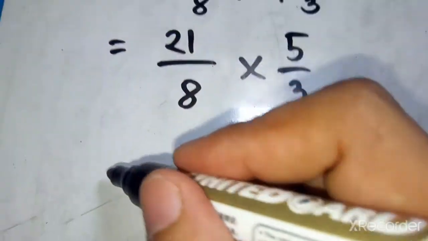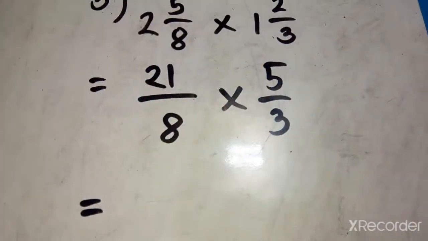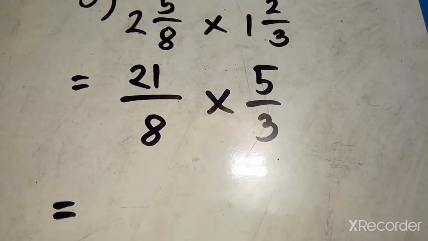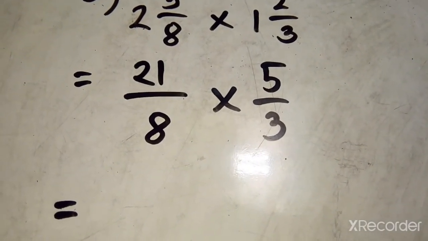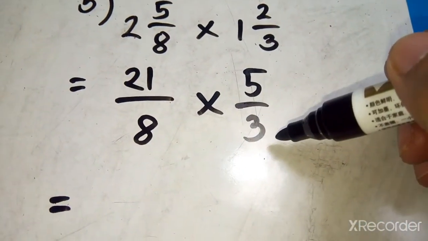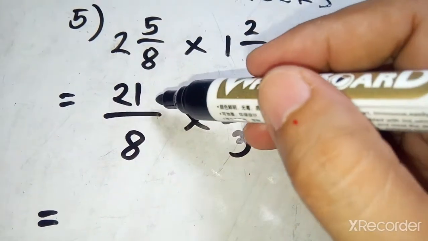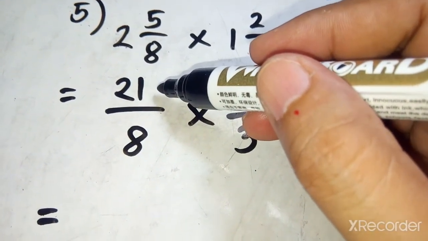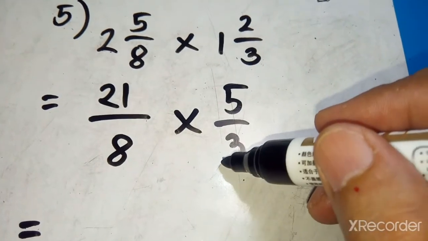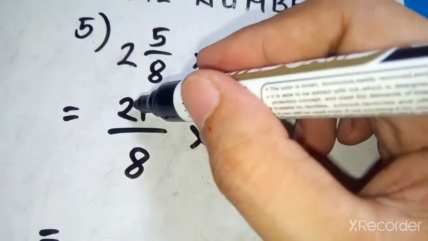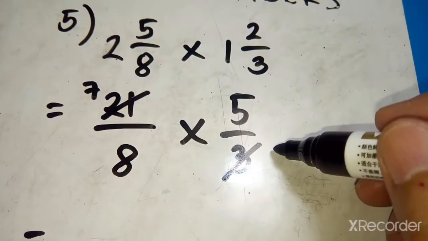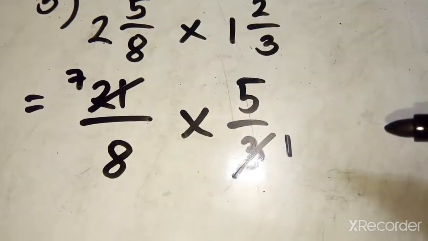Okay, so we can apply cancellation when it comes to 21 and 3. One of the factors of 21 is 3, so we can cancel the 3 and the 21, so the remaining factor will be 7 here, and here is 1.